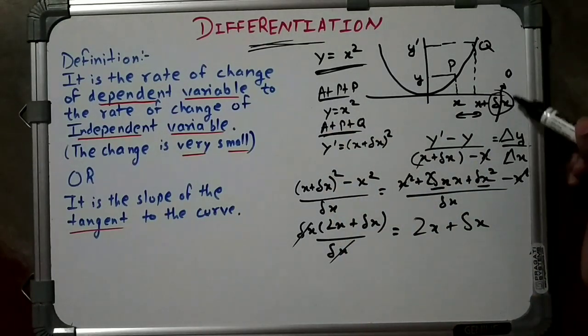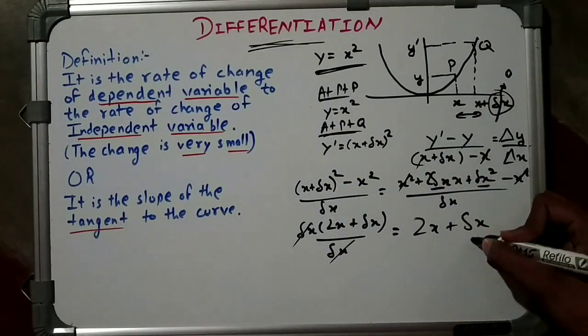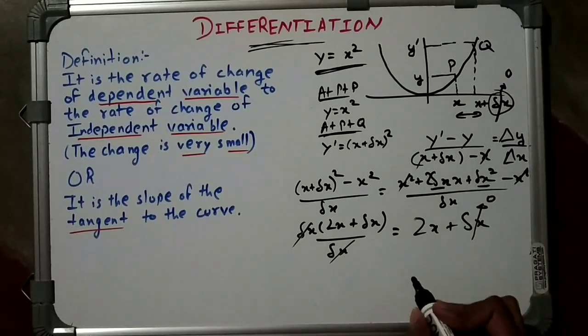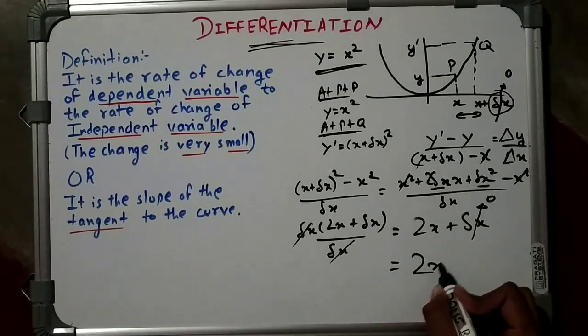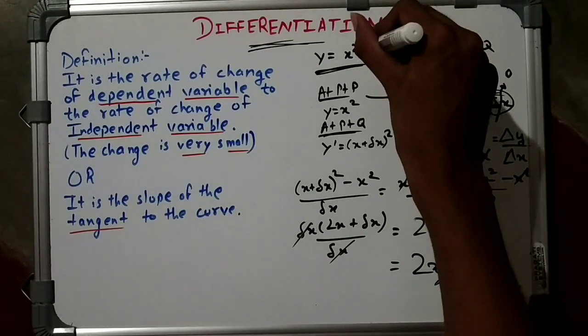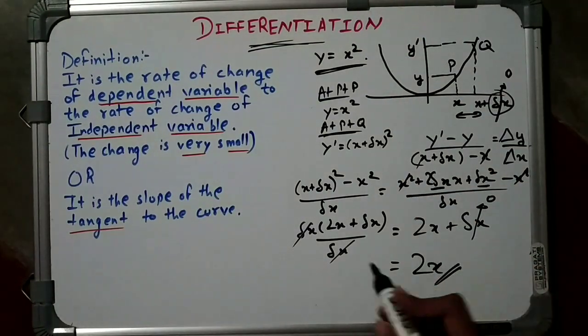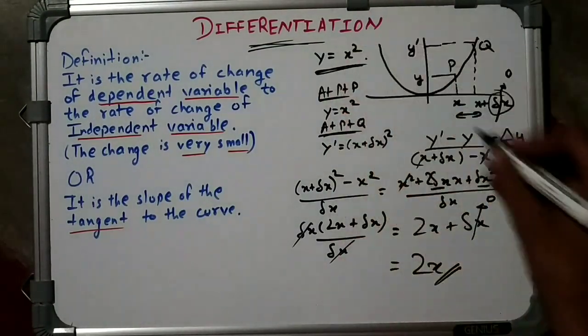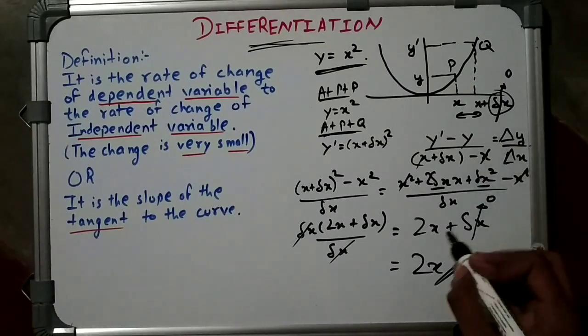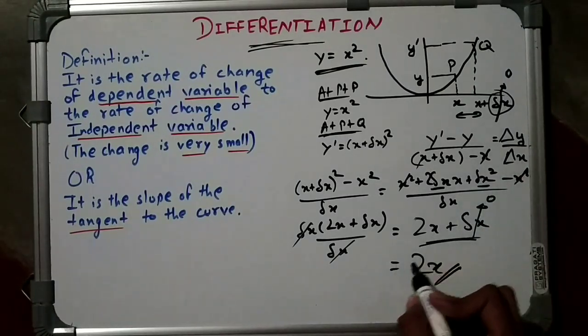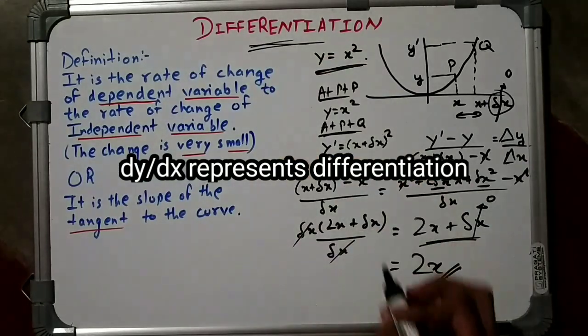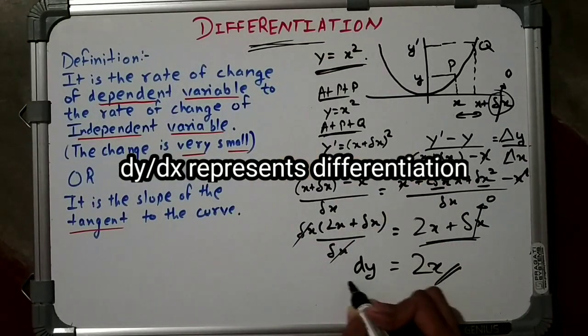So now if you consider del x to be 0, we'll have the value 2x. So this is actually the differentiation of the function y is equal to x square. Till now we found del y by del x, but now differentiation is represented by dy by dx.